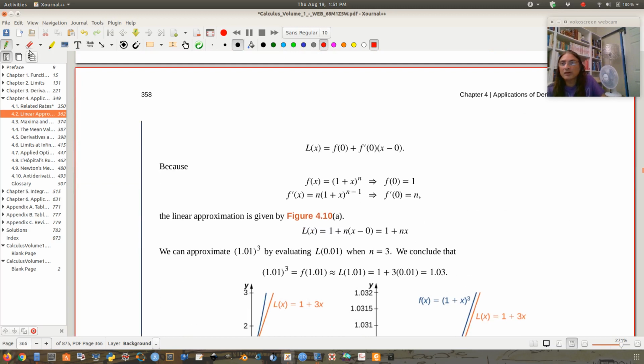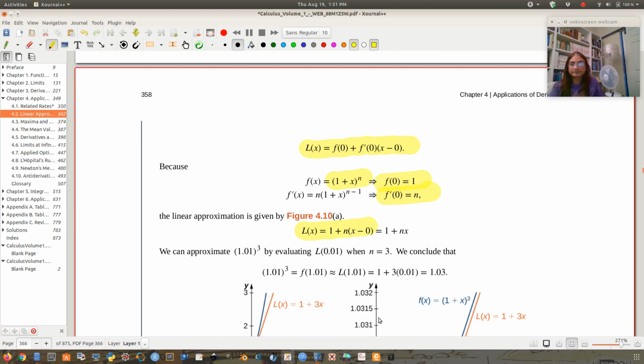Our linear approximation is this. Our function f of 0 is 1. F prime of 0 is n. Take the derivative, which is n times 1 plus x to the power n minus 1. Plug in x equal to 0, so it becomes n. So here we get our function.